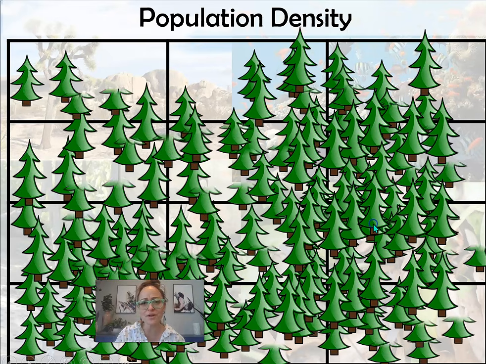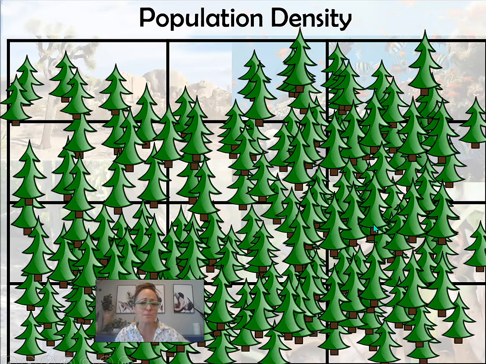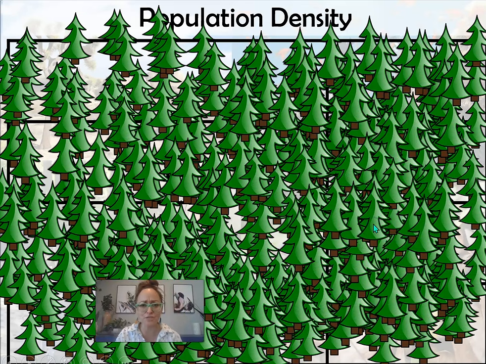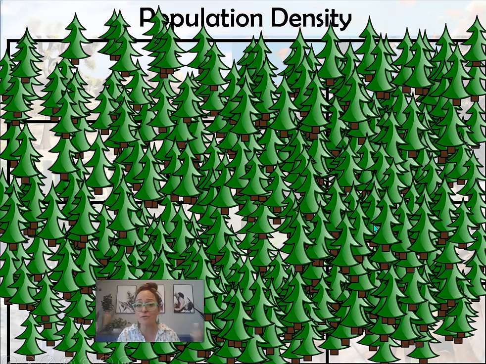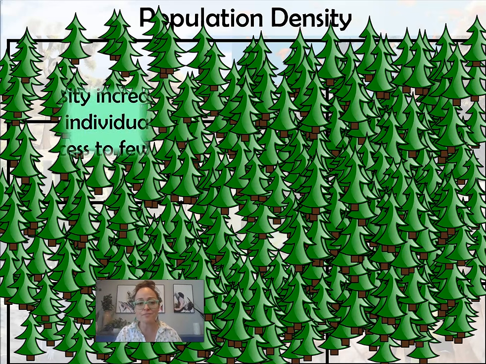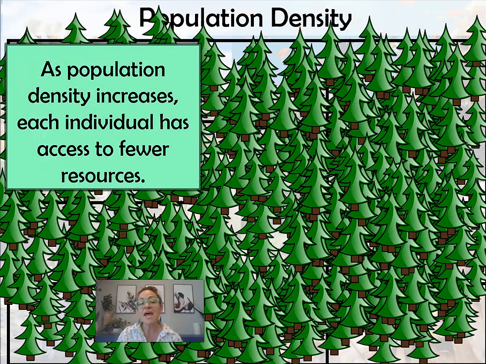If you think about this forest, if every seed that was ever dropped sprouted and grew to a mature tree, there would be intense competition for root space, for sunlight, for water, for nutrients. This forest tree population could not go on increasing at a constant rate forever. There are just too many individuals, and as this population density increases, each individual has access to fewer resources.